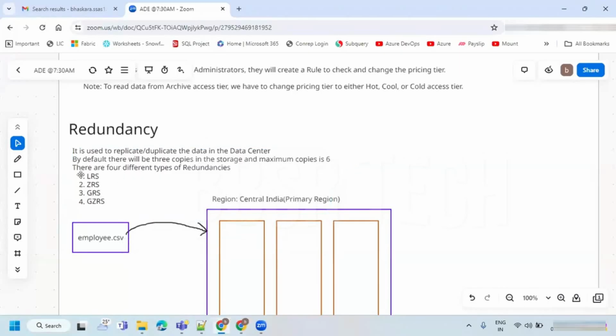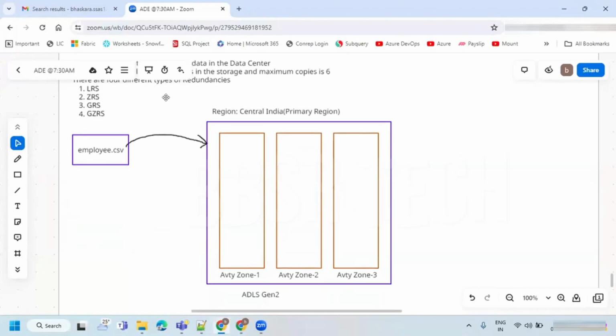When we can go for LRS, when we can go for GRS or ZRS or GZRS, that we are going to see. If I want to store the data within the region, there are some companies and some countries that store the data within their region. If you take UK countries, they don't store the data out of their region.